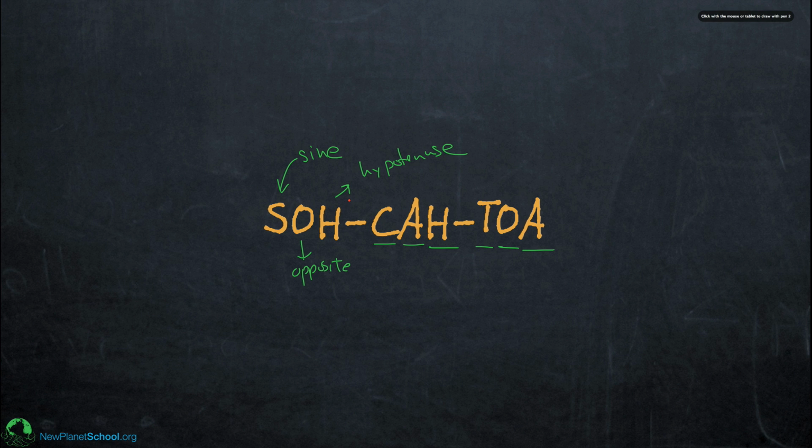So if you can remember SOHCAHTOA and write it down, it gives you the trig function and the ratio. So SOHCAHTOA, commit it to memory, and you'll remember the trigonometric relations.